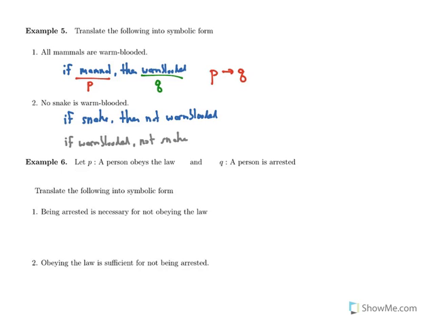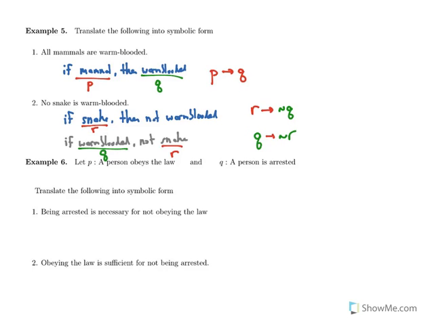We'll see that in the next video. So here we'll say snake is going to be R. Warm-blooded, we've already said, is Q. So this is going to be R implies not Q, or Q implies not R. Both of those are correct, and it depends on which way you're looking at it.